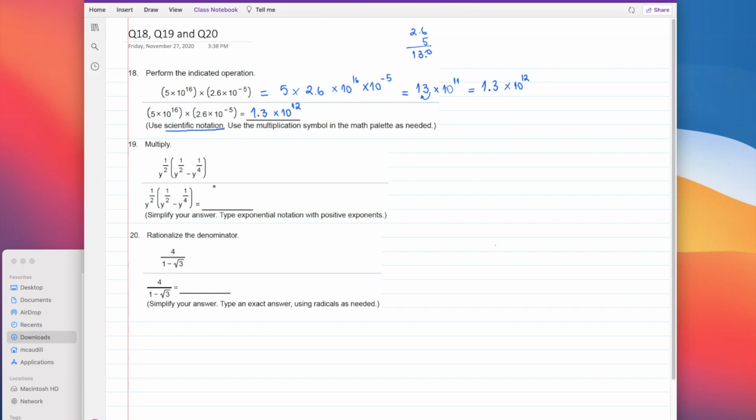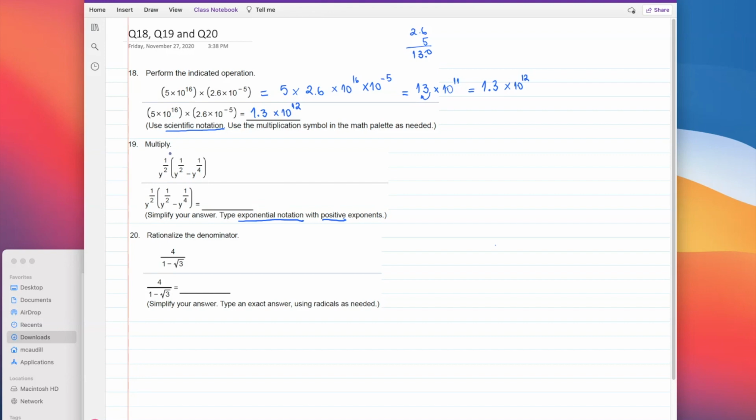Okay, number 19. Number 19 is a radical expression, but it is written as a rational exponent. And you have to keep it that way because they want the final answer in exponential notation with positive exponents. They just ask you to multiply. So you have a radical here that is being expressed as a rational exponent and is being multiplied by an expression with two terms.